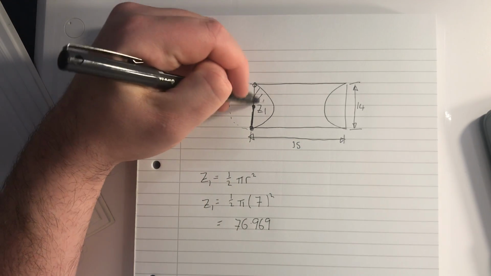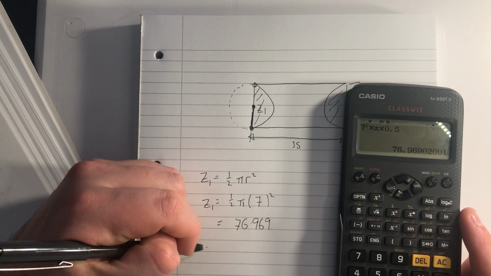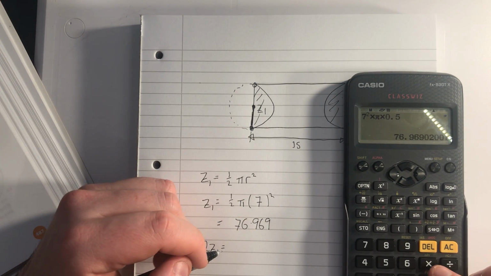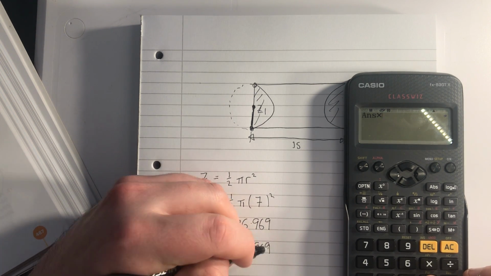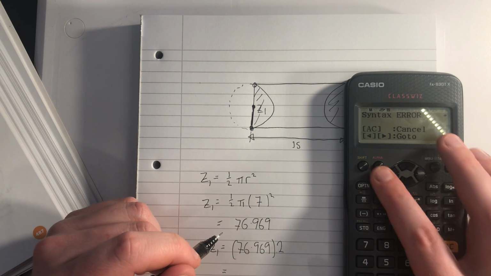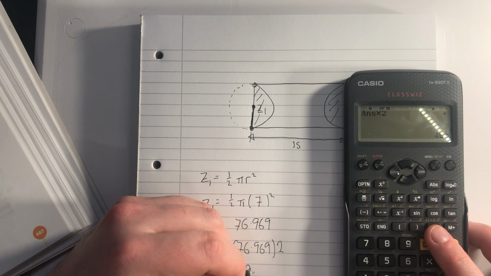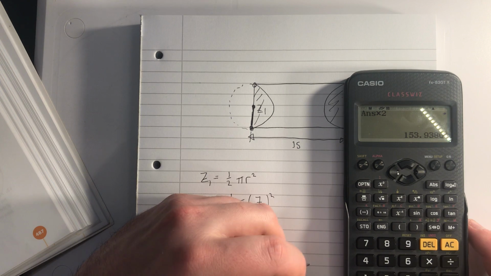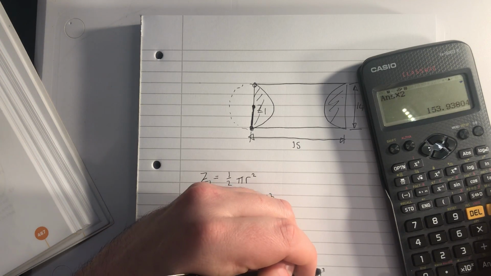So each one of these guys here is 76.969, and because I have two of them, I have this one and this one, it's equal to that answer multiplied by 2. And that's 49 pi, which is equal to 153.938. Yeah, and that's going to be in meters squared.